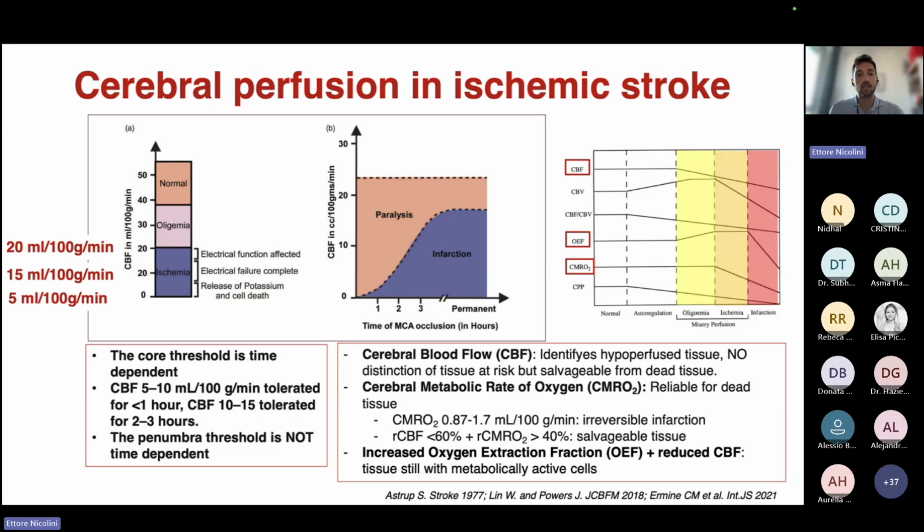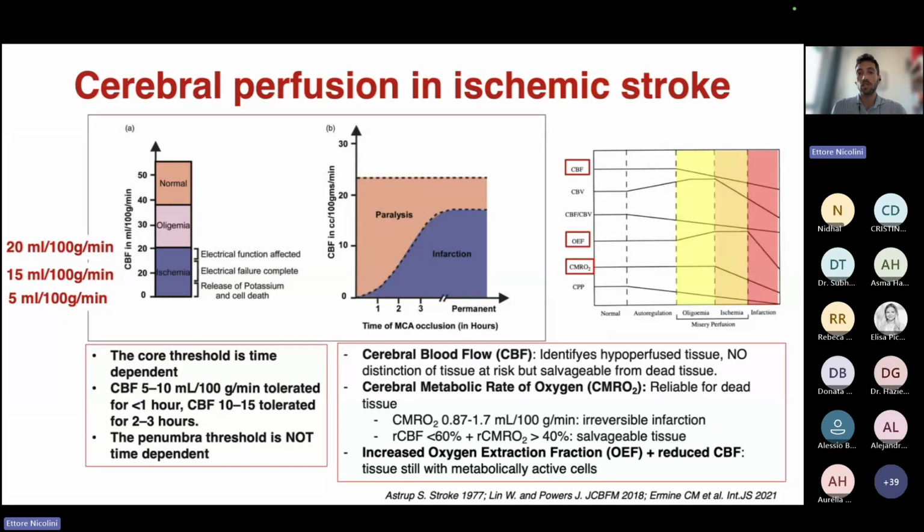We know that cerebral blood flow between 5 and 10 milliliters can be tolerated for up to 1 hour, and between 10 and 15 can be tolerated up to 2 or 3 hours.